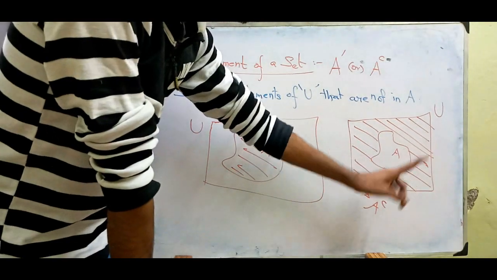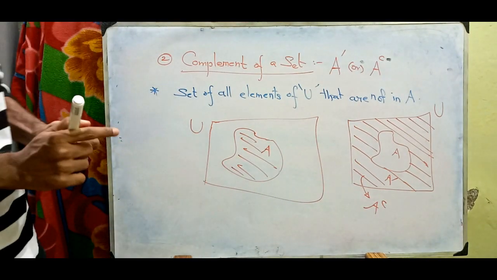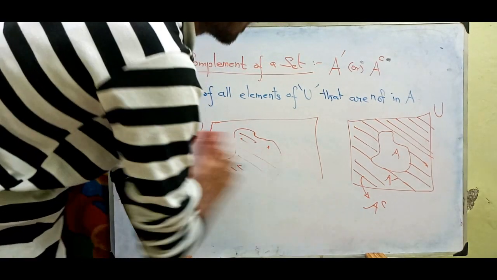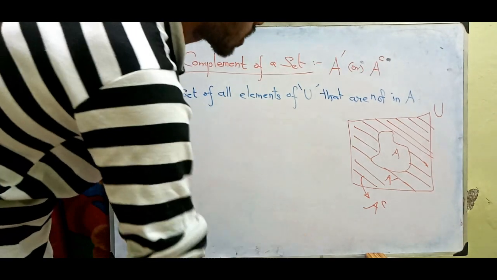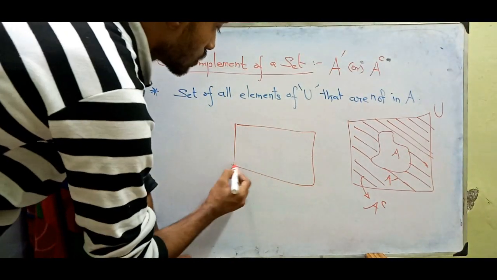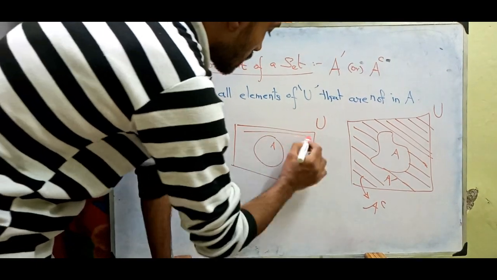Either you call it A dash or A complement, both are the same. Okay, let us look at it through a mathematical example. So this is through a Venn diagram. You can also use a circle instead of this region for A. Okay, you can use circle A, and this is A complement, this is U.